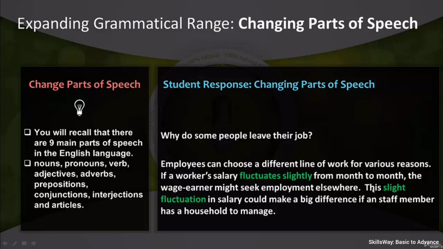This slight fluctuation in salary can make a big difference if a staff member has a household to manage. When we talk about changing parts of speech, we're talking about going from fluctuate slightly to slight fluctuation. That's impressive. Being able to do that within the context of the exam, showing how you can shift parts of speech, that's what we're talking about there.